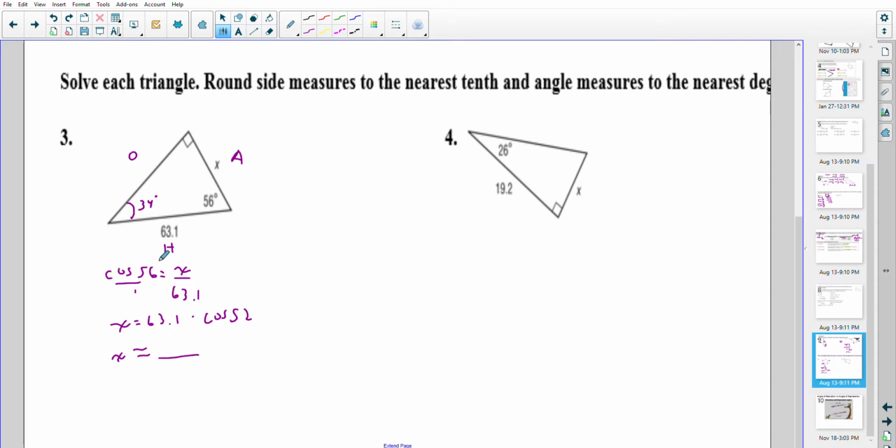At this point, you could use the Pythagorean theorem to get your opposite, but it's better if you actually use exact numbers. So I would look at this and think of sine 56 is equal to y over 63.1. And again, cross multiply and get y is equal to 63.1 times the sine of 56, and then you get your y value.